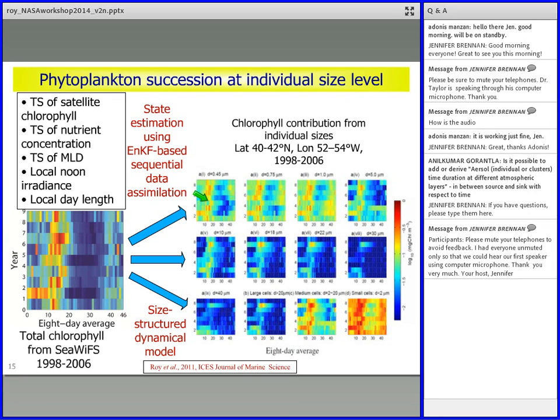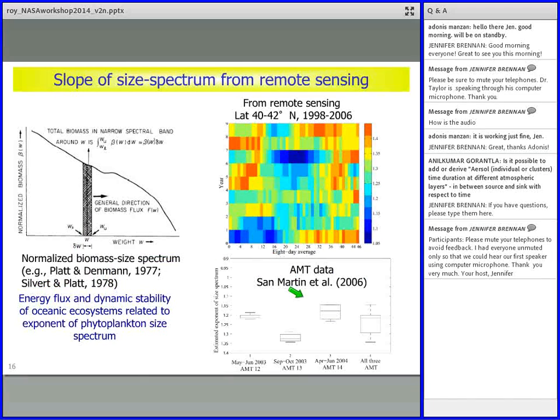And clearly we see that the time evolution of chlorophyll concentration at each size level is very different from the others. Now, once we split the chlorophyll into the chlorophyll at individual size, we can estimate a very important property called the size spectrum of phytoplankton. The slope of the phytoplankton size spectrum is a very important ecosystem indicator because it is related to the energy flux and dynamic stability of ecosystems.